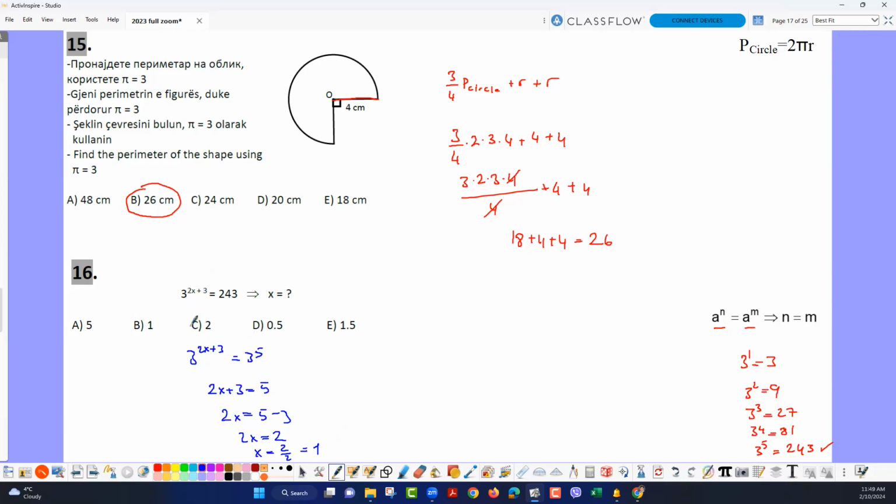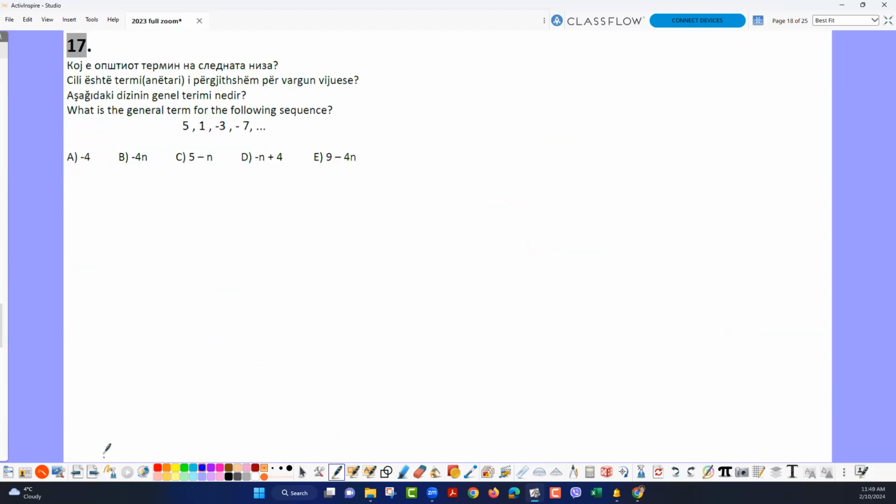And this is going to be equal to 1, which is B also. Okay, let's continue with the next question.